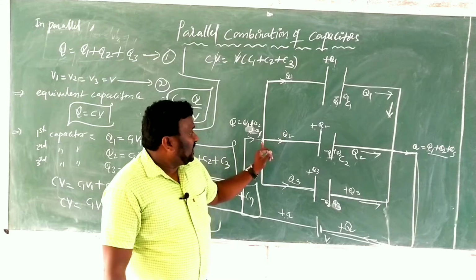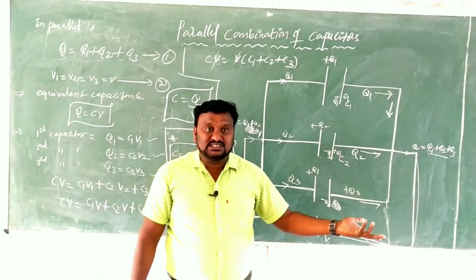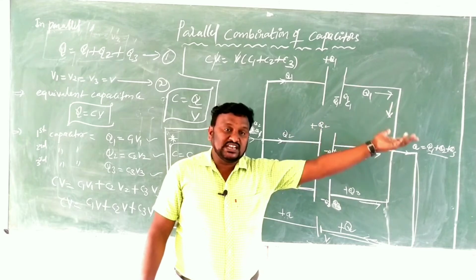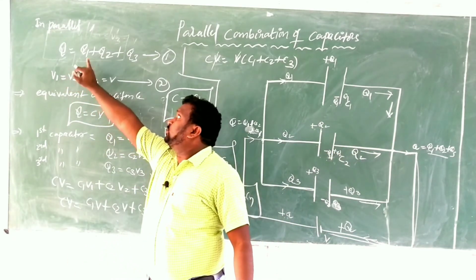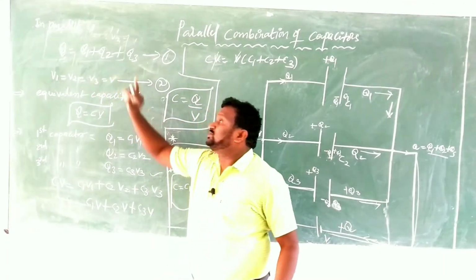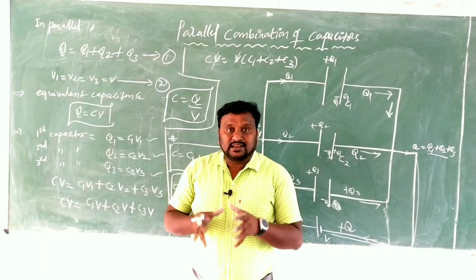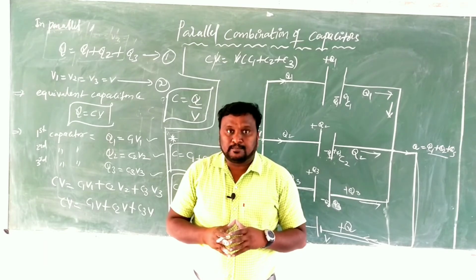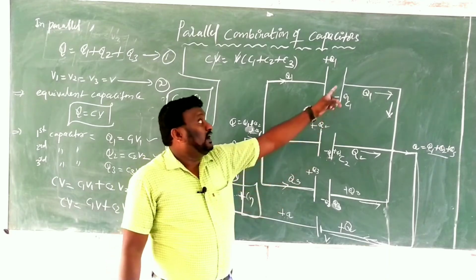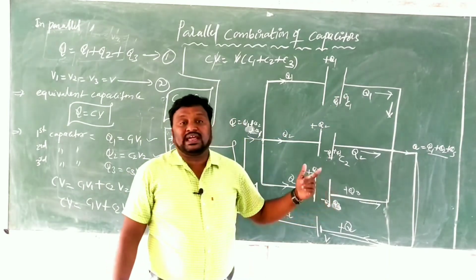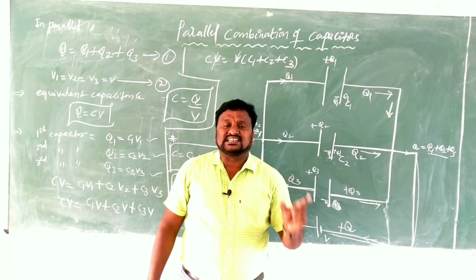So, according to Kirchhoff's law, the amount of charge entering the junction equals the amount of charge leaving the junction. That's why Q is equals to Q1 plus Q2 plus Q3. Clear? And after that, here we have another condition. All first plates are given to one point and all second plates are given to another point. In between these 2 points, some battery is connected.